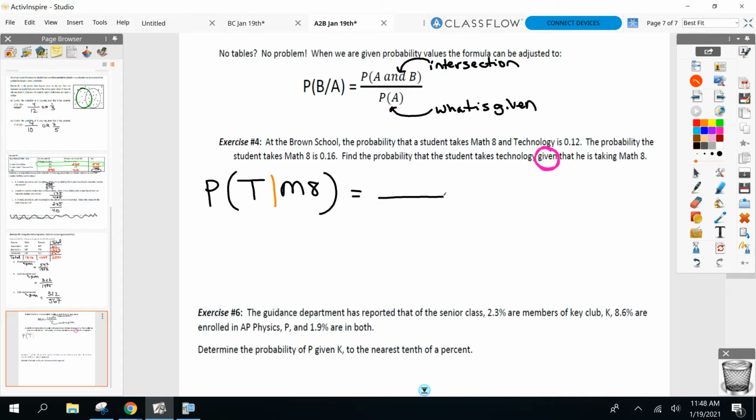This probability will be equal to those who take tech and Math 8, over the chances they're in Math 8. That's using the formula up above. I do both of them together and over what's given, Math 8. Whatever is given always goes on the bottom, guys.